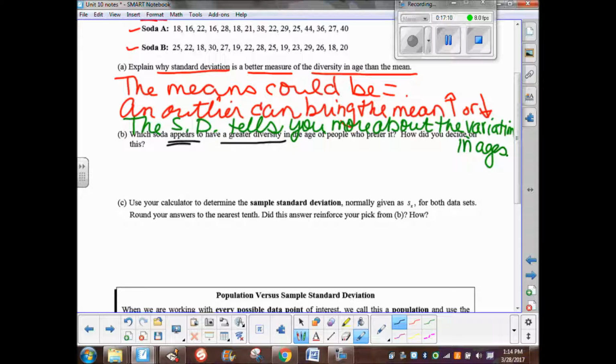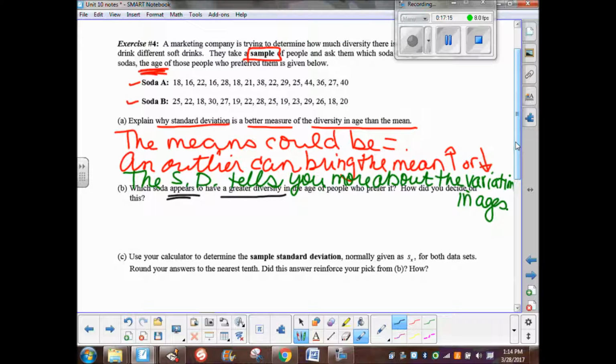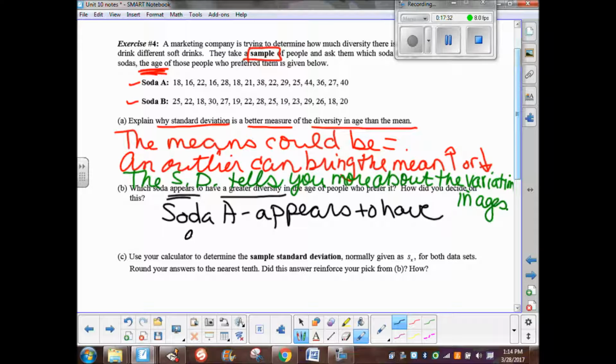So which one appears to have a greater diversity? Soda A appears to have greater diversity.